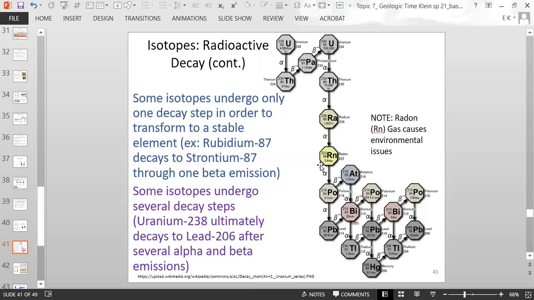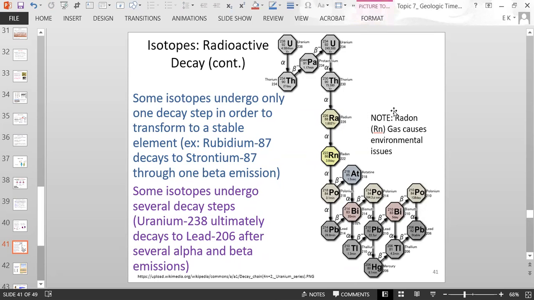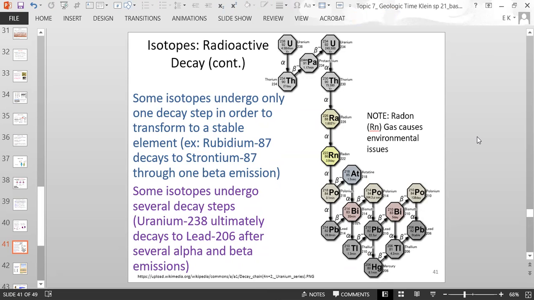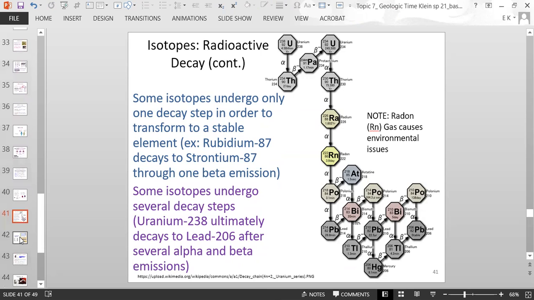Now, radon here, I just put a little note. Radon gas is a radioactive gas that can cause environmental issues. So some people live in areas where they have to get radon tests done in their homes to make sure they don't have buildups of radon gas in their house.